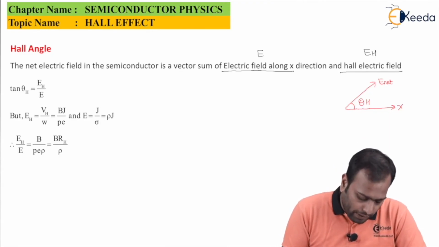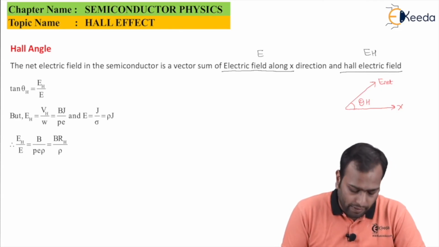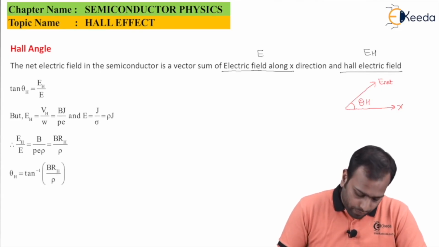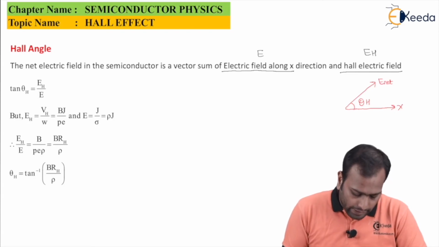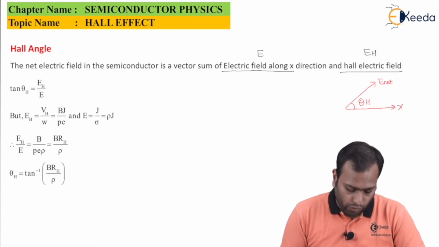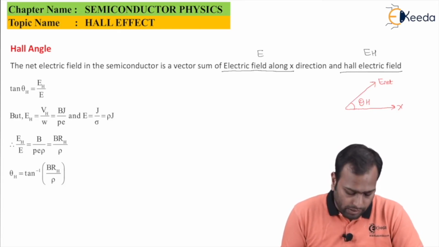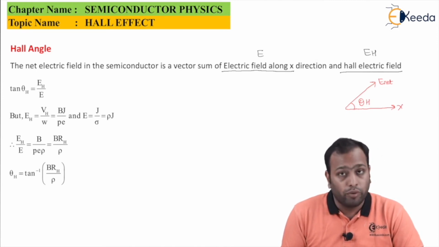So if you replace this value, you'll get E_H by E as B upon p e rho, which becomes B into R_H upon rho, because we have replaced 1 upon p e with R_H. Therefore, we can write theta_H equals tan inverse of B R_H by rho. Now, we can also replace 1 by rho with sigma, and hence the formula becomes tan inverse of B R_H into sigma.